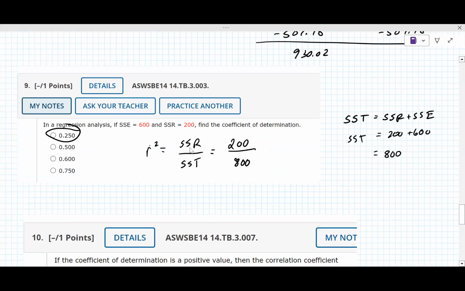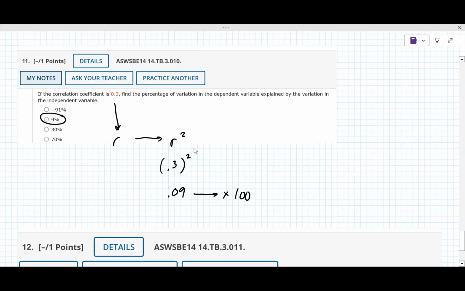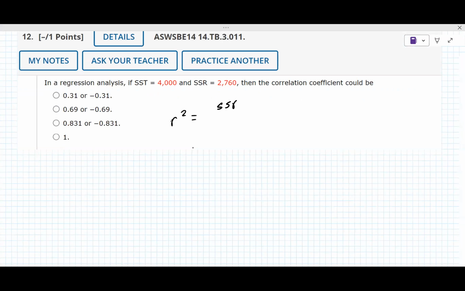R squared is SSR over SST. So it's 2,760 over 4,000. So could you go ahead and calculate that for us, please? 0.69. Yes.